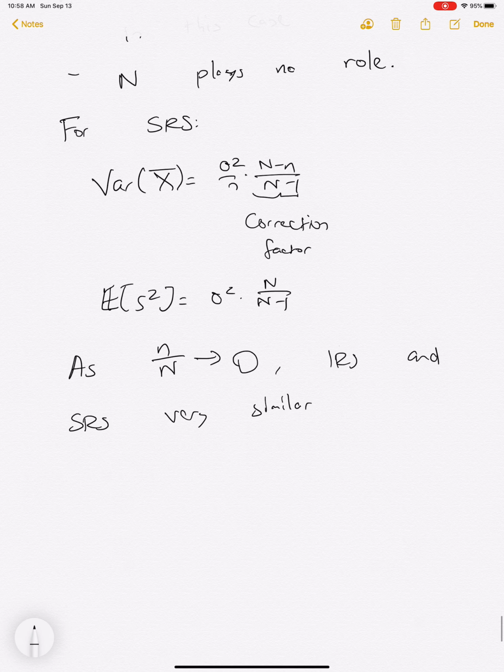So IRS and SRS are very similar in terms of the results they gave. We saw that the calculations were substantially more challenging for SRS, but in terms of the results, they're very similar if you've got little n over big N converging to 0.